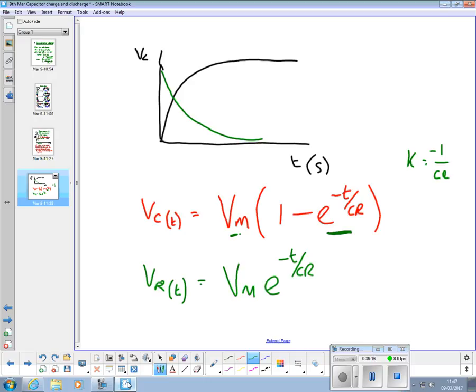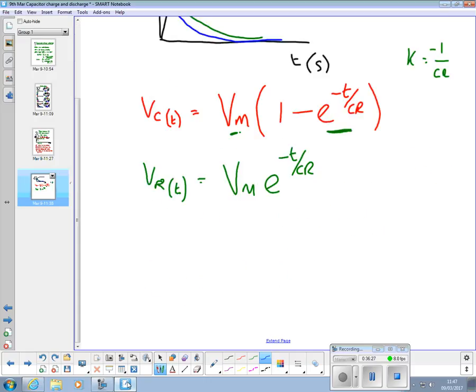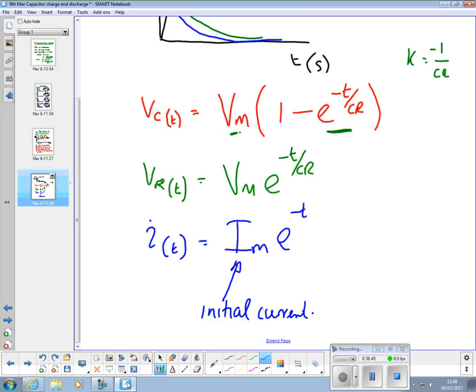Right? And then lastly, in blue, our current i at time t is equal to, I'm going to label that the initial current Im, times e to the minus t over CR.